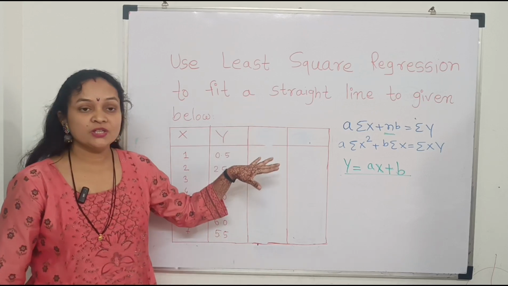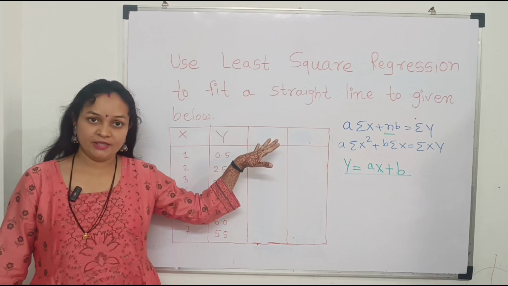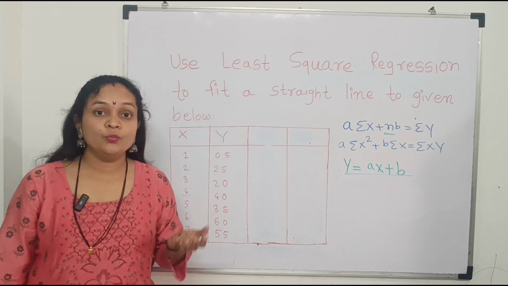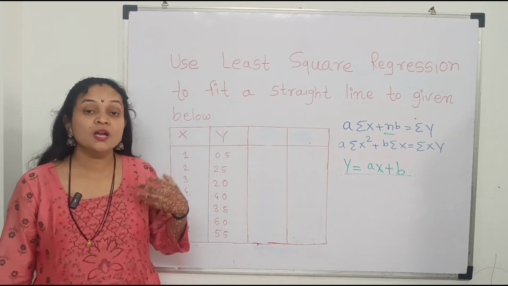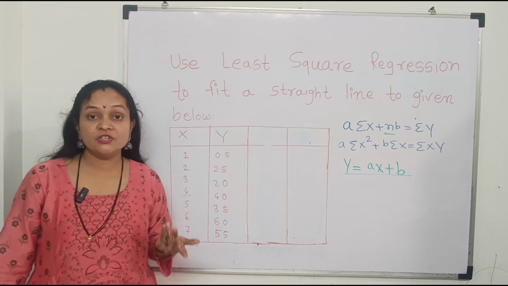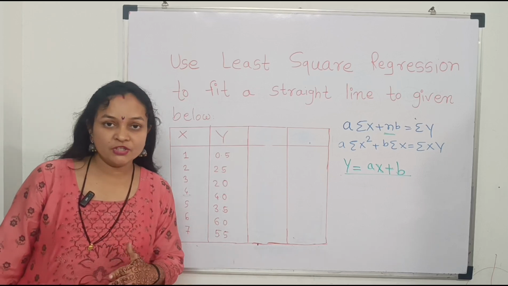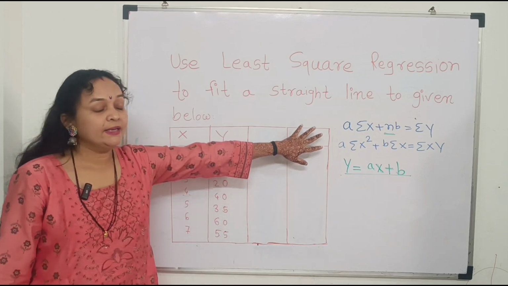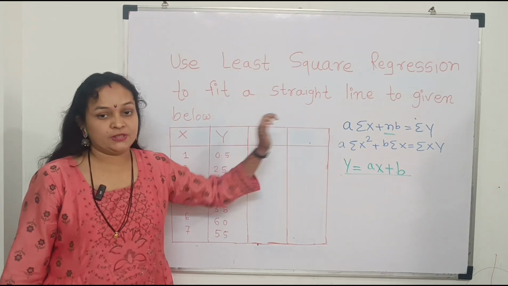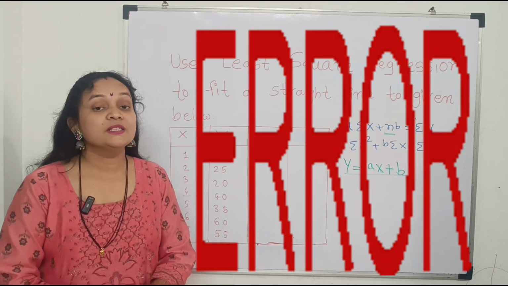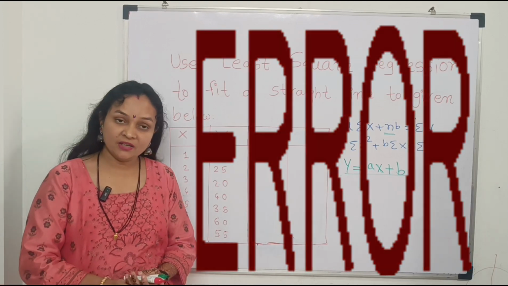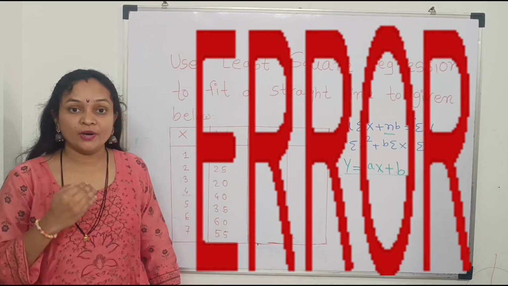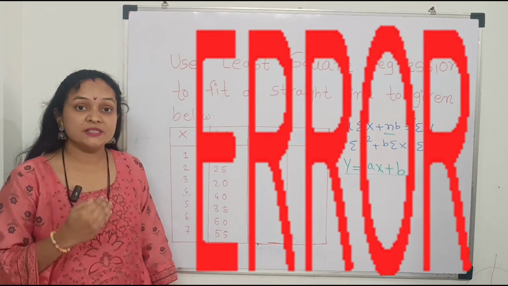In that equation they may mention the straight line equation, the polynomial equation, the power form of the equation, or the non-linear form of the equation, so with respect to that you are going to convert it to the desirable form of the equation. Basically this minimizes the error from whatever data set is given.